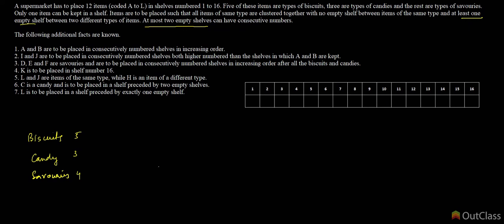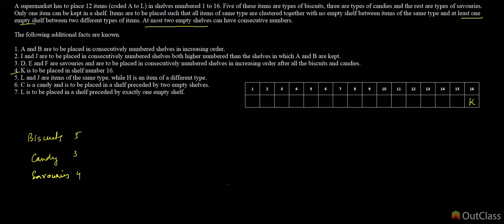And let's look at the clues. K is placed in shelf number 16. K is here. Let's go in the order in which we can use them. D, E, F are savories and are placed in consecutively numbered shelves in increasing order after all biscuits and candies.